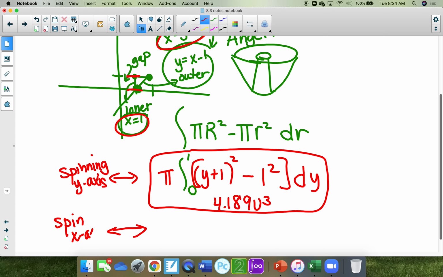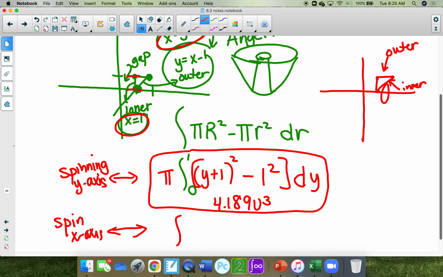If they want you to spin it around the x-axis, if you took this triangle, which looks like this, and you spun it around the x-axis, this is the outer one, and this is the inner one.